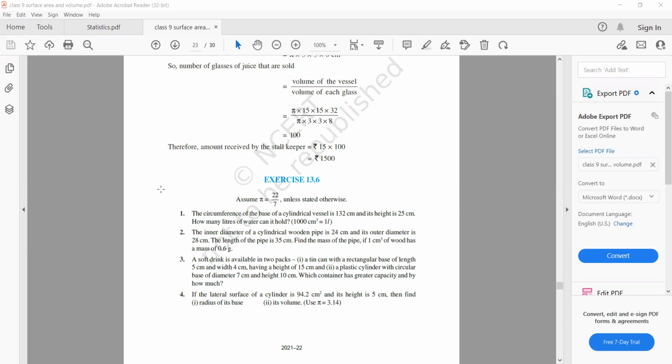So it is only 132 into 132 divided by 4 into, so 1 pi will remain here, and into 25, right? Now I think you can put the value of pi. So 132 into 132 into 25 divided by 4 into, now pi is 22 divided by 7. So 7 will go in the numerator. Clear?